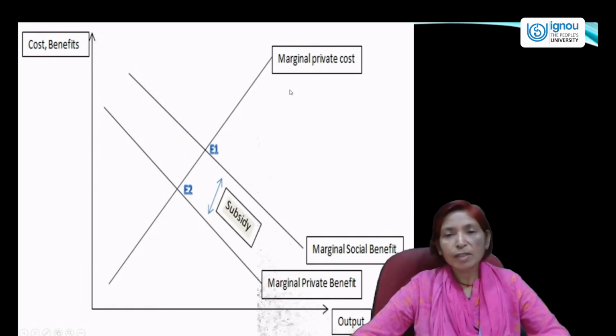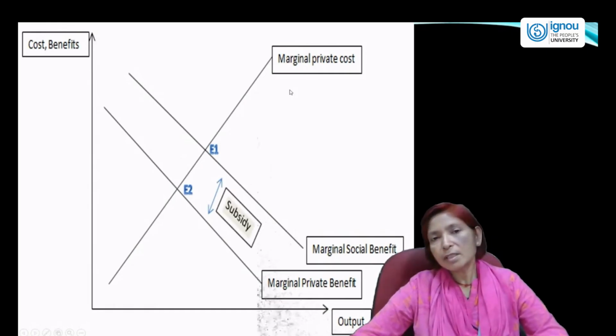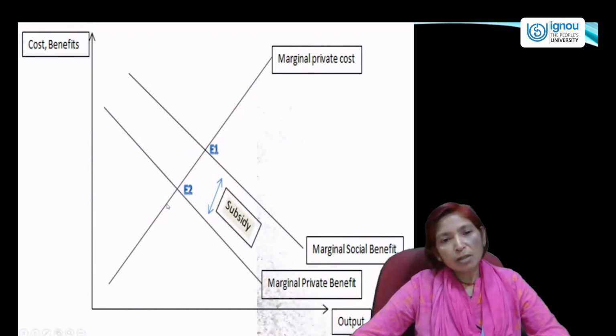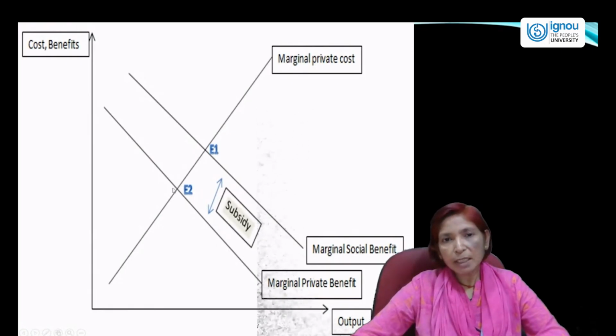We know that the cost curve is upward sloping and the benefit curve is always downward sloping. Now, equilibrium point E1 is determined where the marginal private cost and marginal private benefit curves intersect each other. At E1 the equilibrium point is determined.